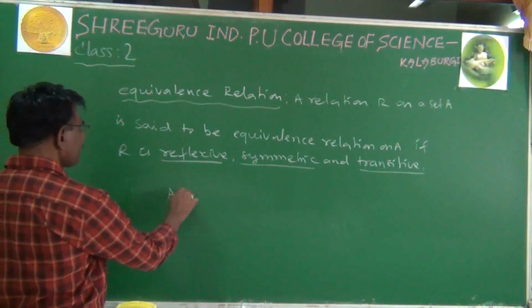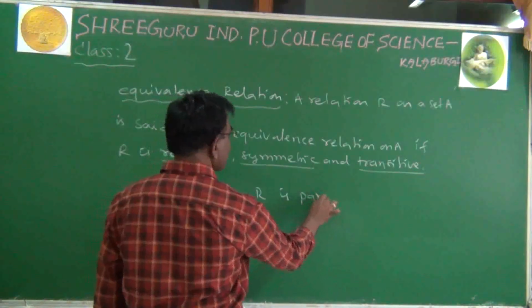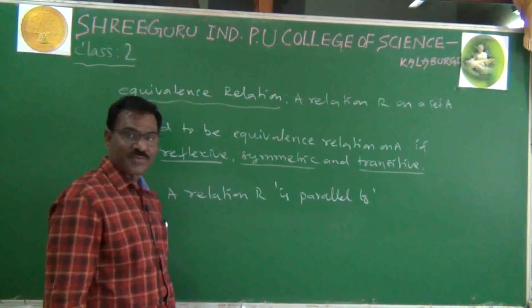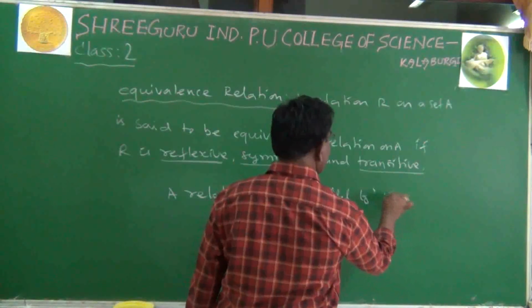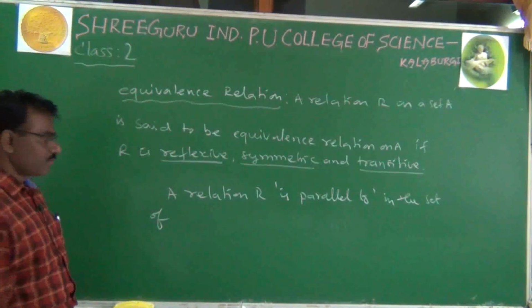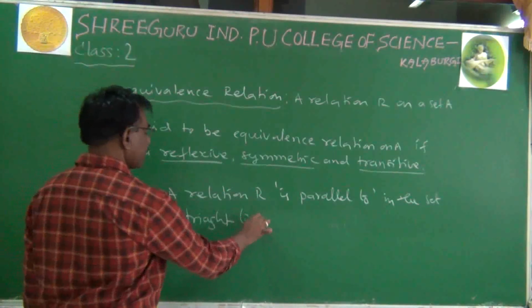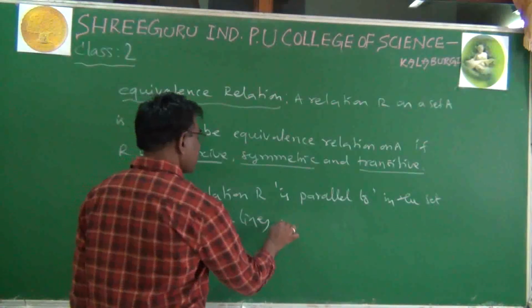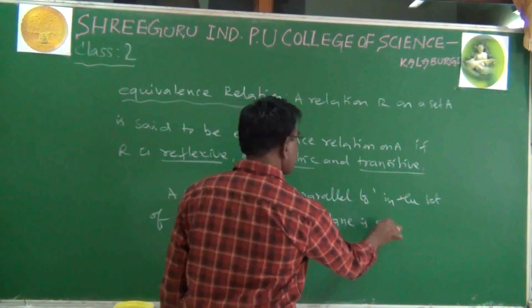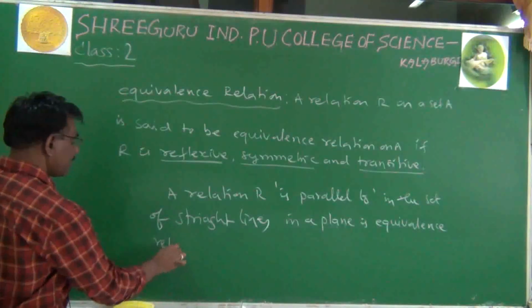A relation R, "is parallel to", in the set of straight lines in a plane, is an equivalence relation.